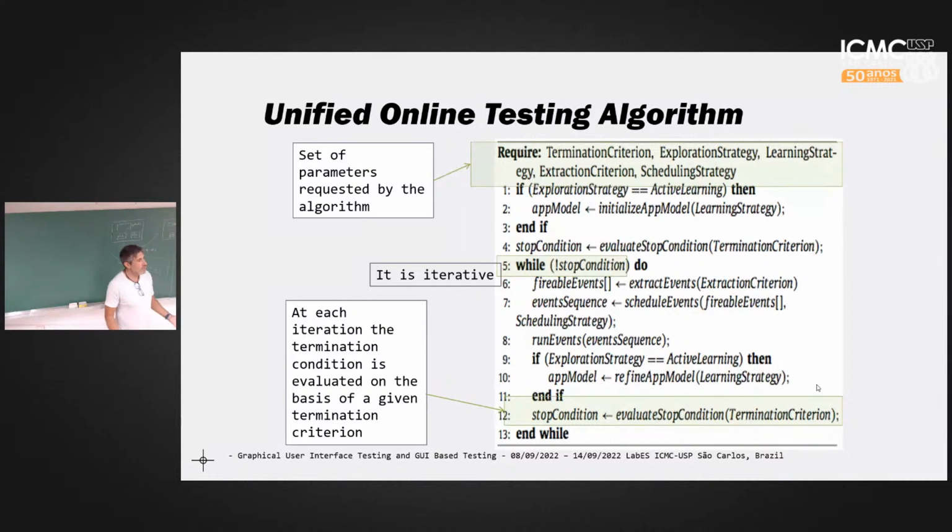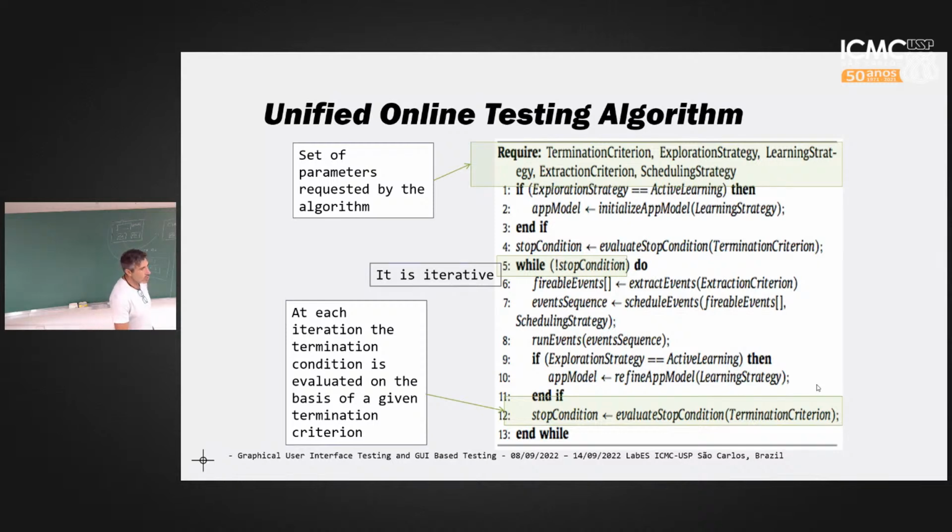While I did not visit everything, I explore the application. While I did not reach the beginning of the application the first time, I continue to explore the application. It depends, it's a choice, but the behavior is the same. Almost all the online testing techniques proposed in the literature follow this algorithm.